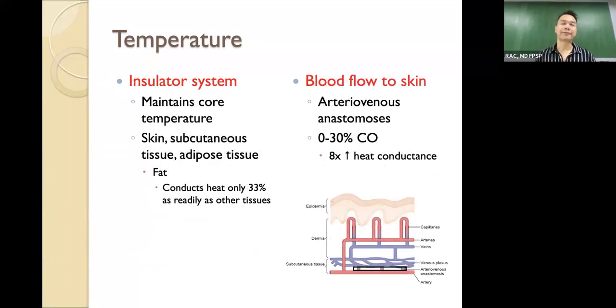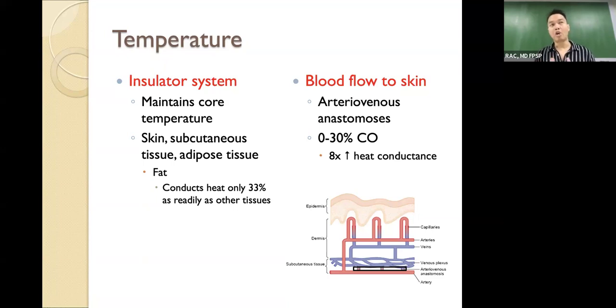Now, looking at the transfer of heat from the core to the skin, as we've mentioned, we have two ways. First, you have the insulator system. This is essentially the amount of adipose tissue we have. The more adipose tissue we have, the more insulated we are.